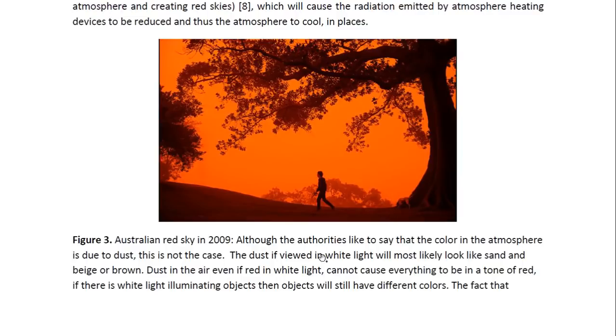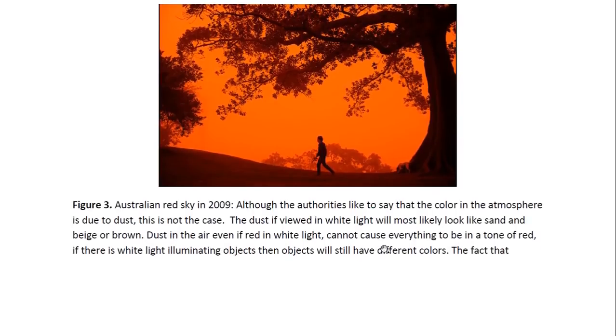Now the dust, if viewed in white light, will most likely look like sand. So the authorities like to say that the color in the atmosphere is either due to dust or due to smoke from fires. But this cannot be the case, because fires cause smoke to be white and gray, and dust cannot stop the objects from looking their own color.